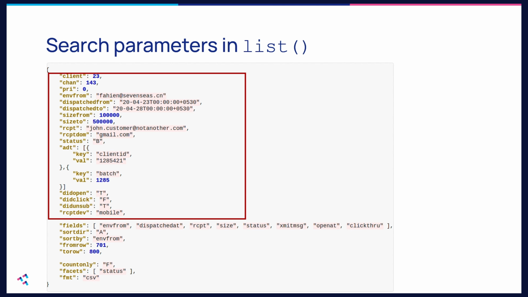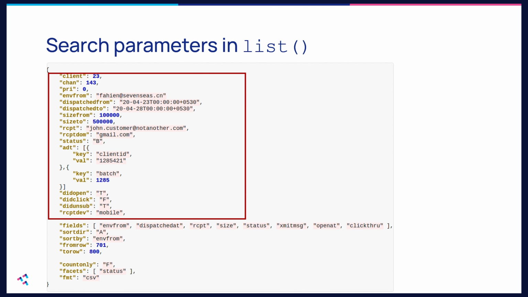Give me those accounts to which the channel number 143 belongs. Give me those accounts whose priority is 0, etc. So these are all parameters which are being used to identify a subset of records which will be returned in the call. So far so good, right? Everywhere you write web services, you need to have these calls. List calls are the ones where you get a list of matching records.